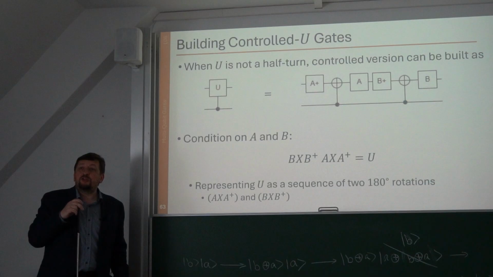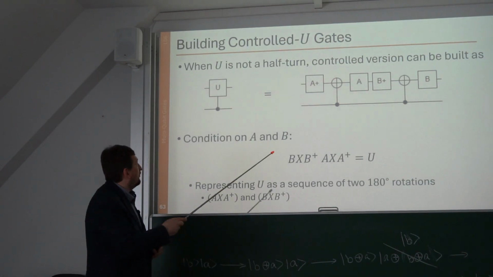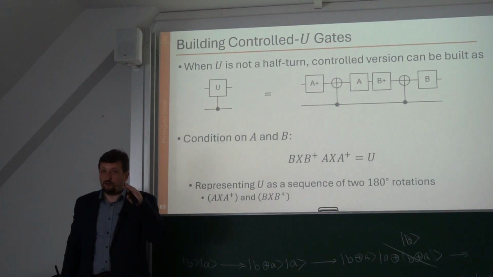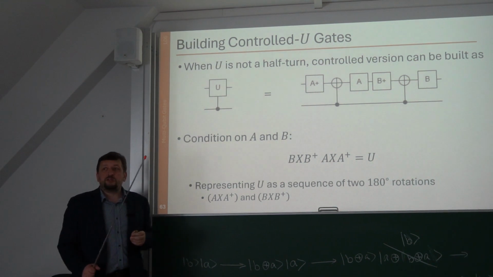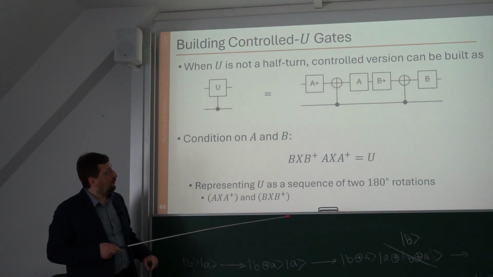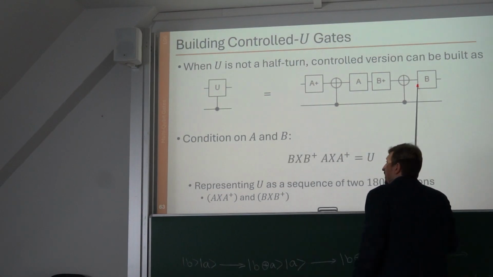Now, the situation is more complicated when the gate that we want to realize is a rotation by some small angle, not 180 degrees, but something, say 90 degrees or some arbitrary angle. In this case, we cannot write it in simple form, but we can always decompose it like this.